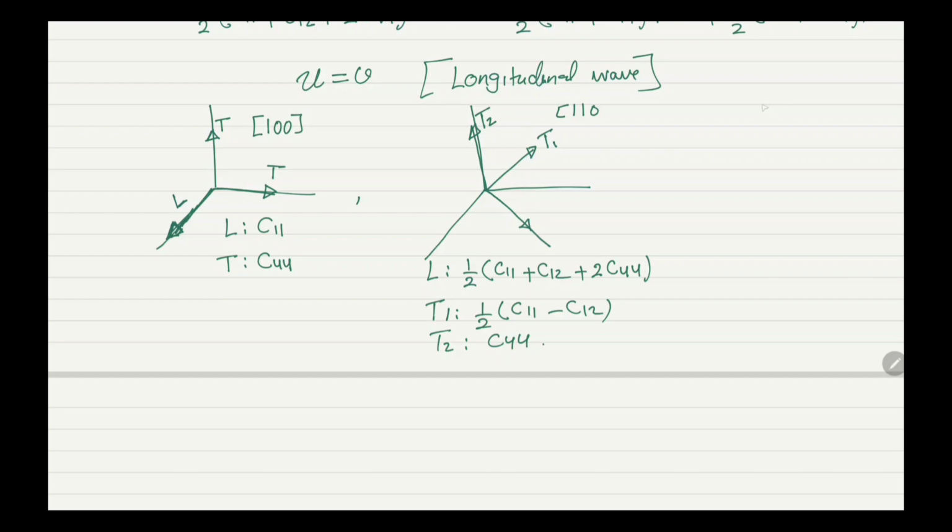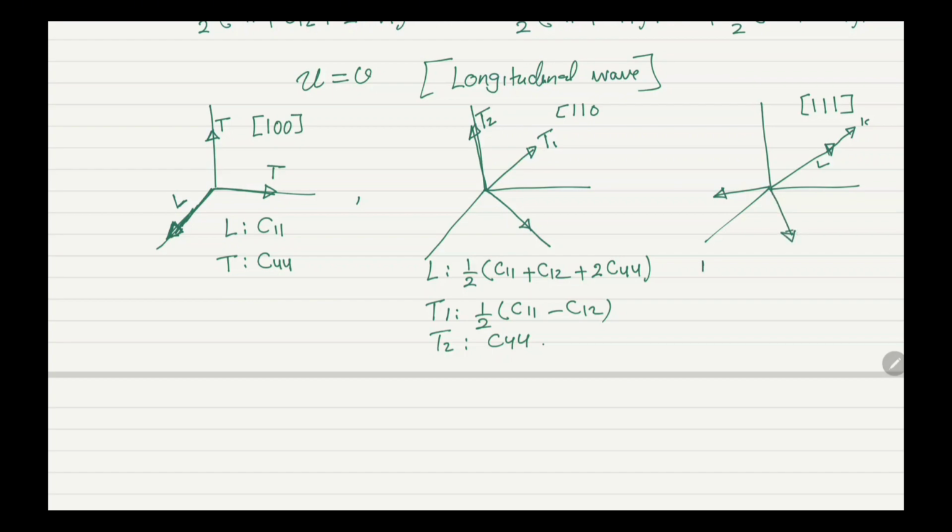Another case that we might face is when the wave propagates in the 1, 1, 1 direction. In this case, this is the longitudinal wave, and this is the propagation k, and we have two transverse, one in this direction and one in this direction.